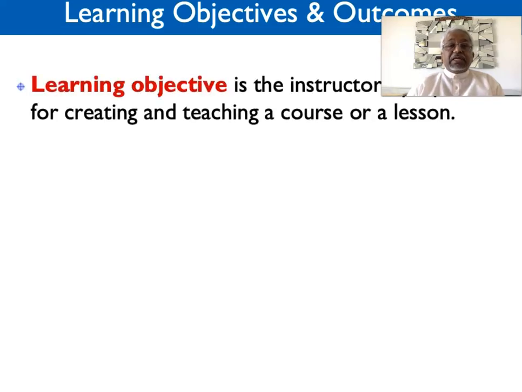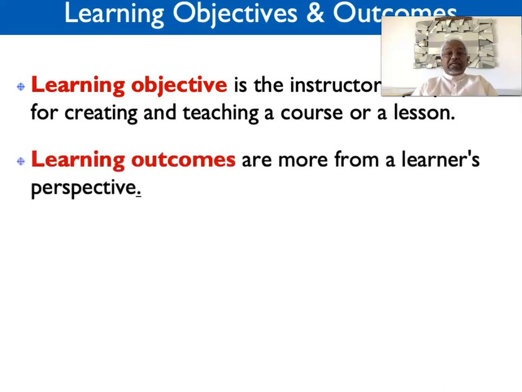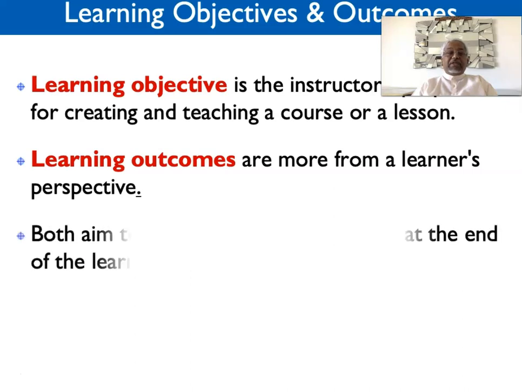To understand it better, I'm going to briefly compare learning objectives and learning outcomes. Learning objectives are the instructor's purpose for creating and teaching a course or a lesson, whereas learning outcomes are more from a learner's perspective.